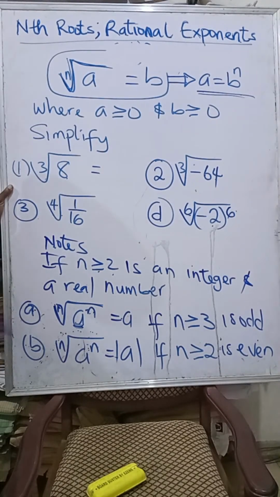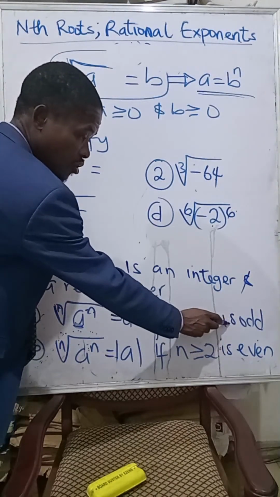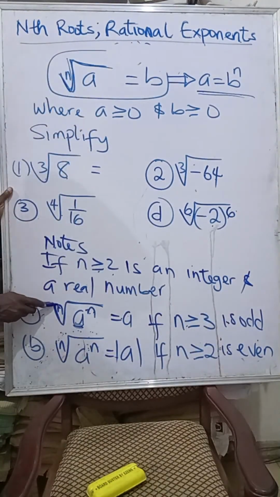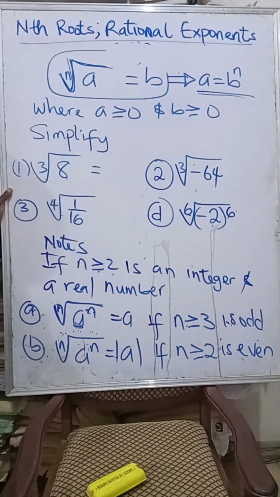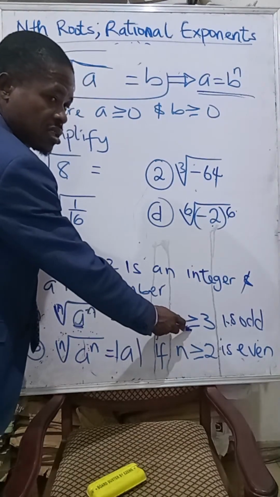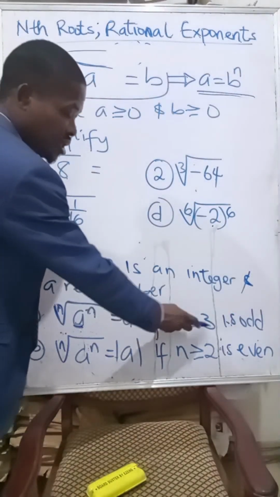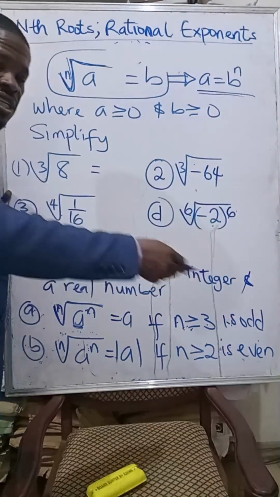But your n must be an odd number for that to happen. n must be greater than or equal to 3, and it must be odd. It can be 3, it can be 5, it can be 7.